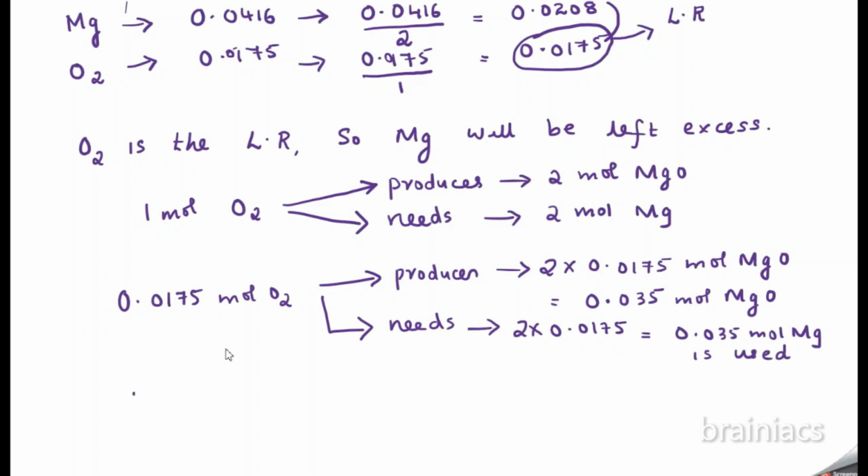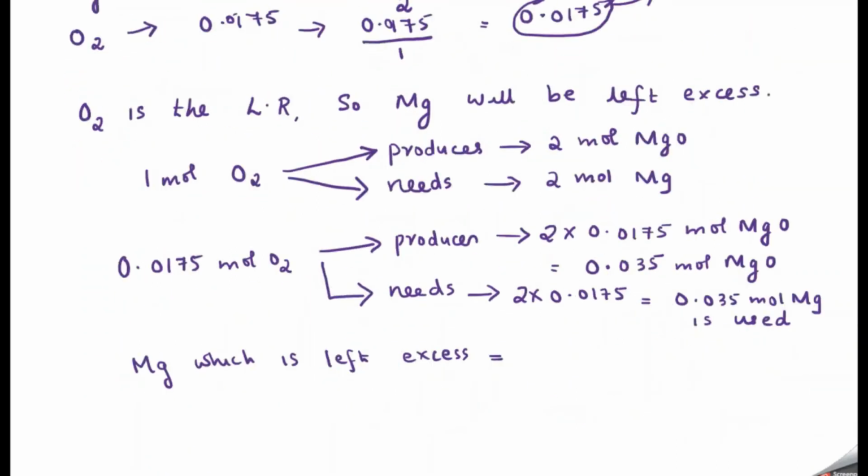Now tell me how much magnesium will be left excess. So we can say magnesium which is left excess is equal to initial quantity. What was the initial quantity you have? So what is given to you? That is the initial quantity. So here magnesium which is left excess is equal to initial quantity minus final quantity.